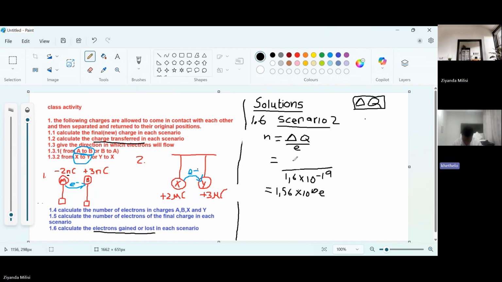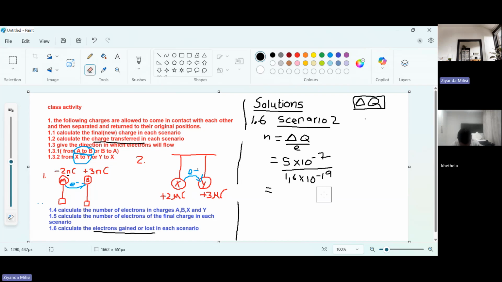We go 5 times 10 to the negative 7. The power negative 7, is it? Then what is the answer?